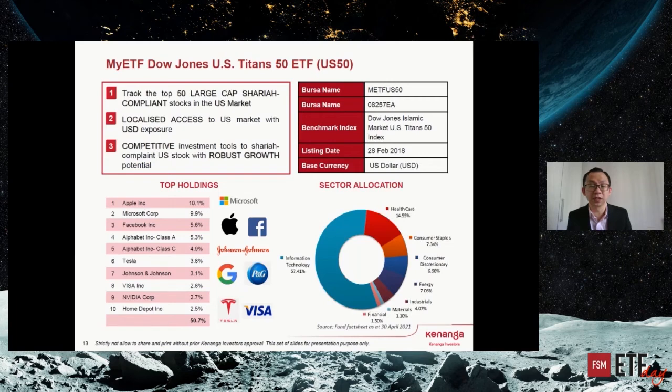Because it is denominated in USD, naturally you don't have the currency risk. And 5 years down the road, when your children go to study in the US, you can sell this US asset and fund them. So this is one way a long-term investor can use the US 50.